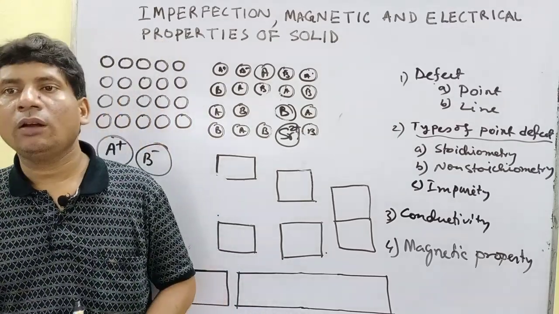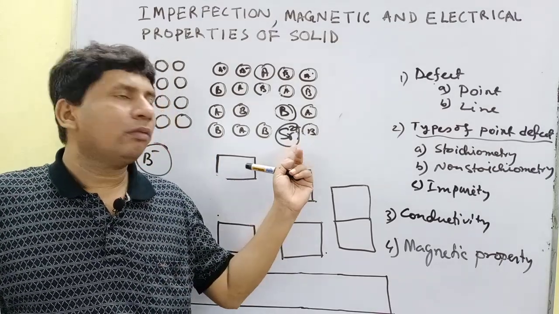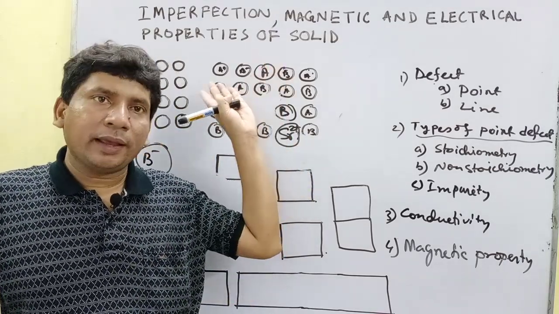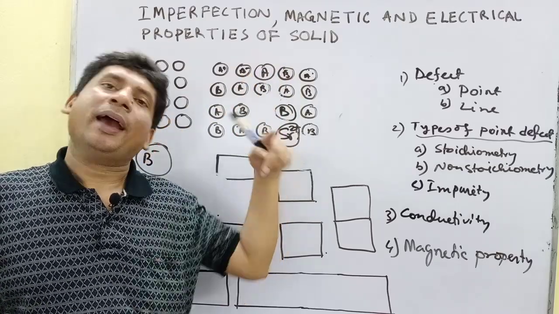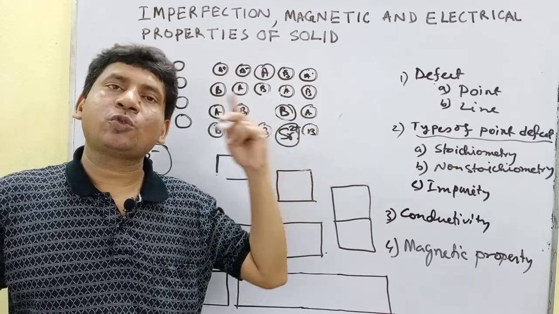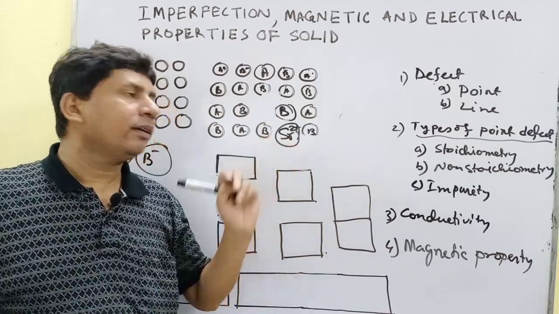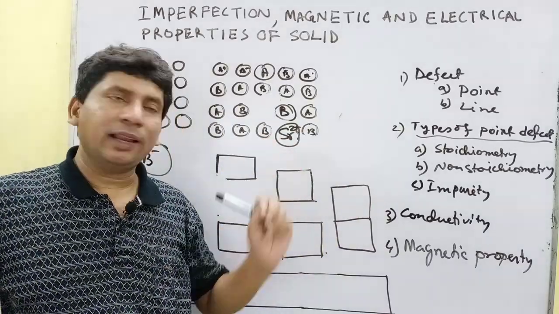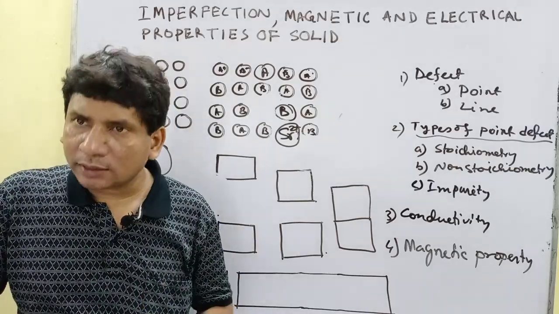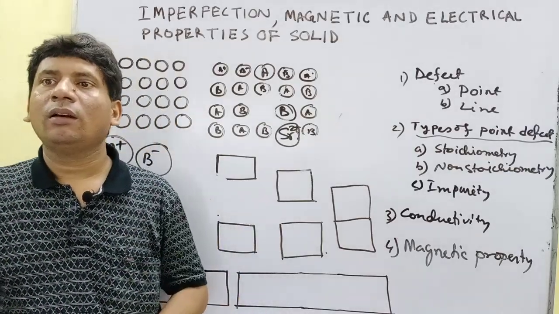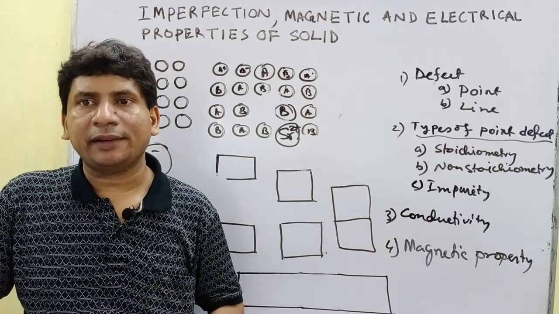Clear? So what are impurity defects? Foreign atoms are present. Foreign atom means that, apart from Na+ and Cl-, or A or B, there is another atom which can replace two cations. That means two Na+ are replaced by a single Sr2+. So foreign atoms are present at the lattice site in place of host atoms or at vacant interstitial sites.